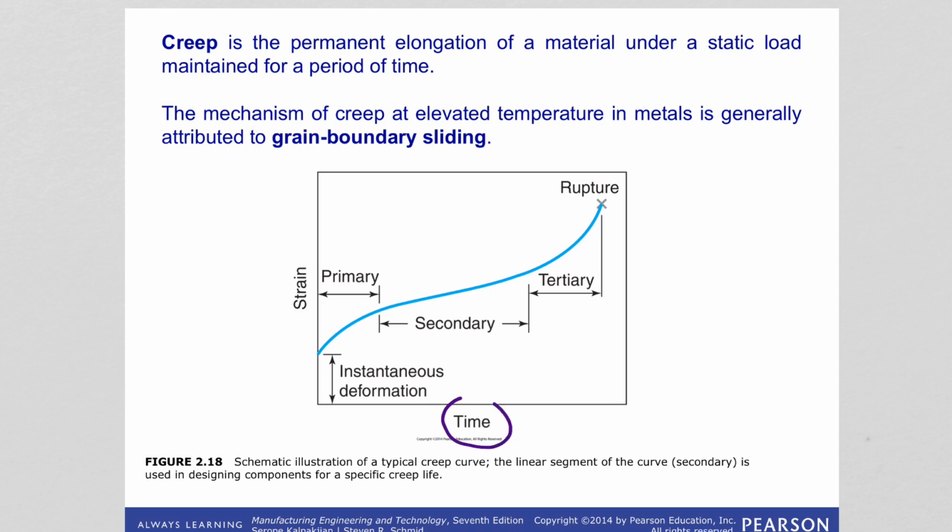So with time, we measure the strain, okay, at a constant loading. So this creep curve consists of 3 regions: primary, secondary, and tertiary stages. During the test, the specimen eventually fails by necking and fracture. This is called rupture or creep rupture.